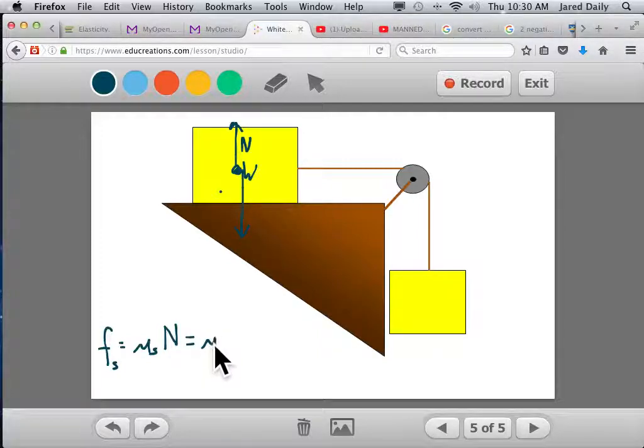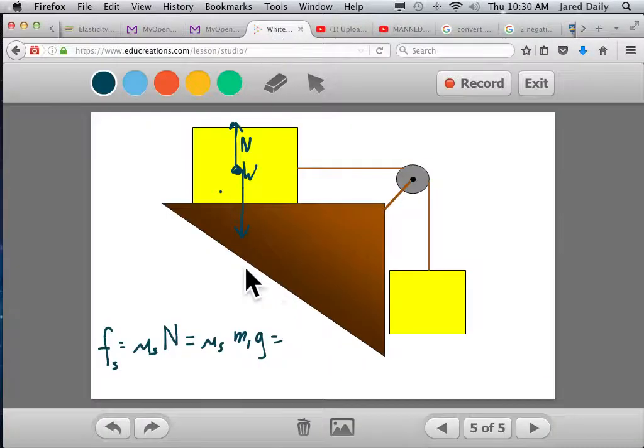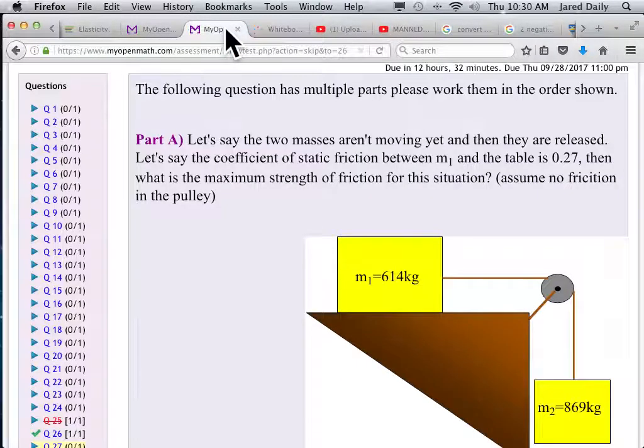So it's mu_s times mass 1 times gravity is the static frictional force. For my problem, the mass is 614 kilograms, and mu is 0.27.